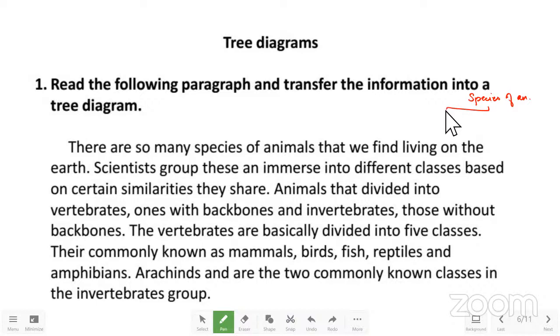One is the vertebrates. What do you mean by vertebrates? Having backbone. You can write under that in brackets, having backbones.